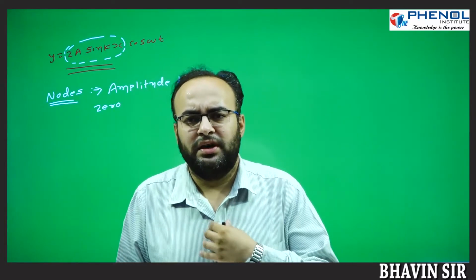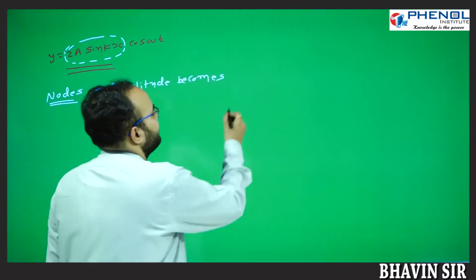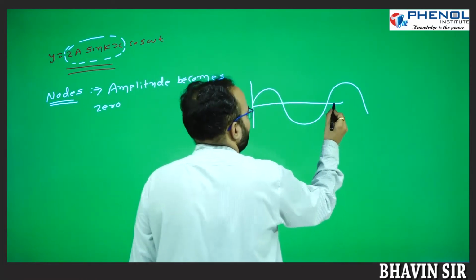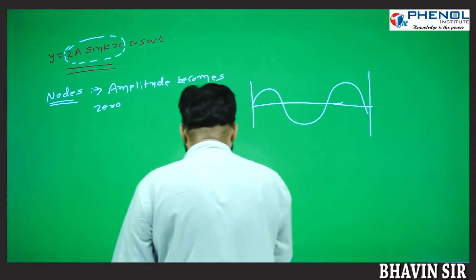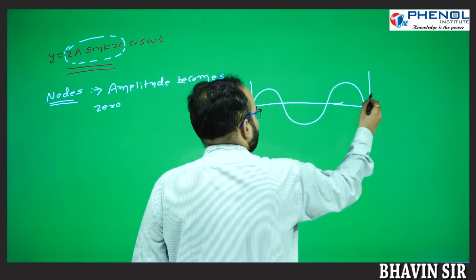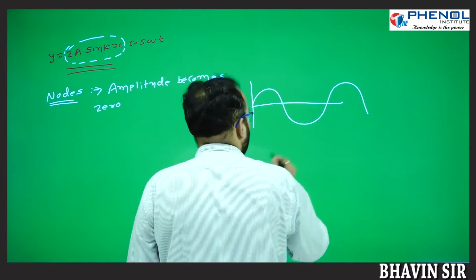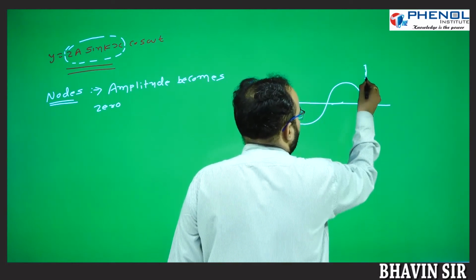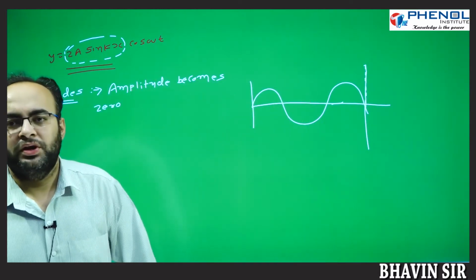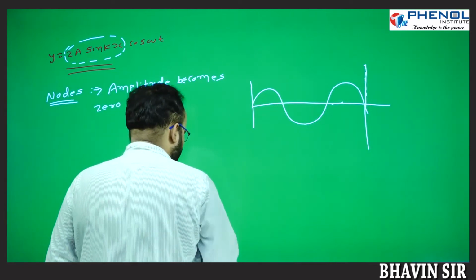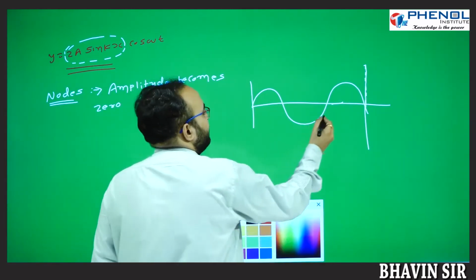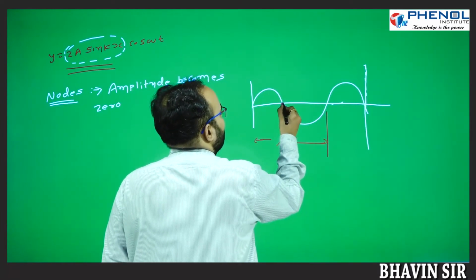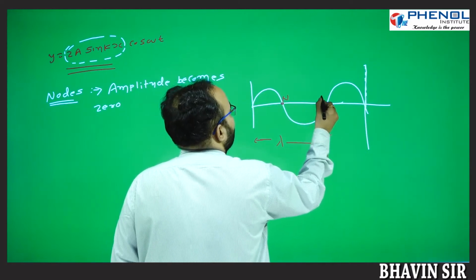See students, first of all, suppose this is the stationary wave. At both ends rigid supports are there. So now suppose students, this is the total wavelength, and these are the nodes where the amplitude becomes 0.